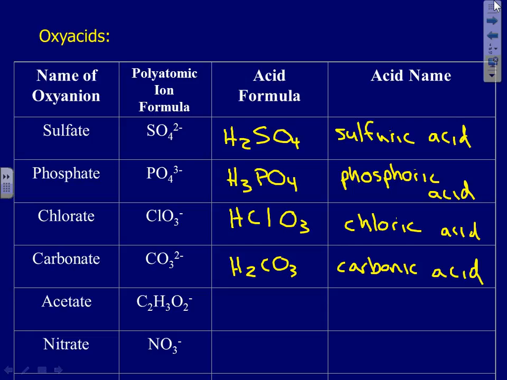Here we have acetate. Now, notice 1, -1 is the charge, HC2H3O2. I've actually already talked about this acid. Changing that ate to ic makes it become acetic acid.